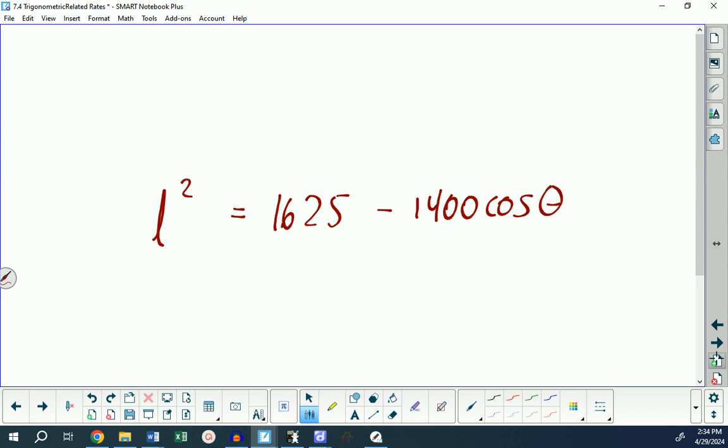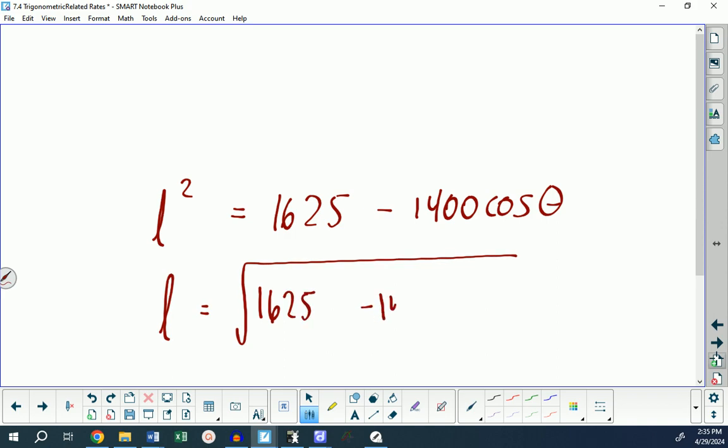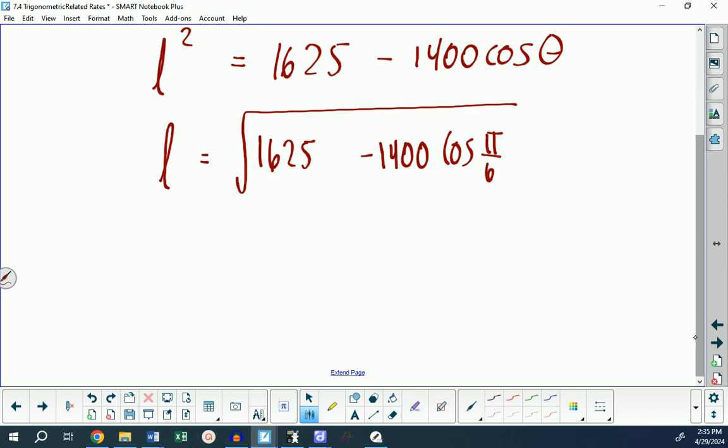Am I right on that? Okay. So that means that L is equal to the square root of 1625 minus 1400 cosine pi over 6. Cosine of pi over 6 is root 3 over 2.